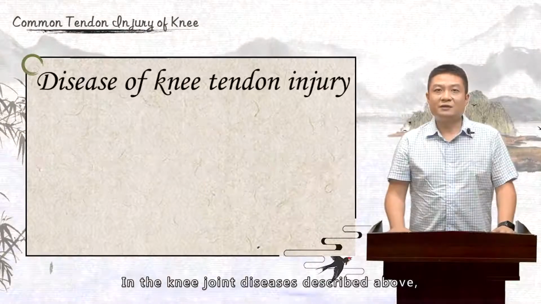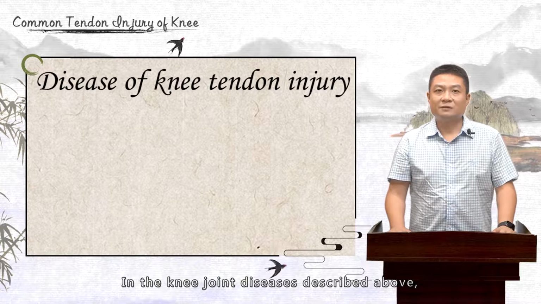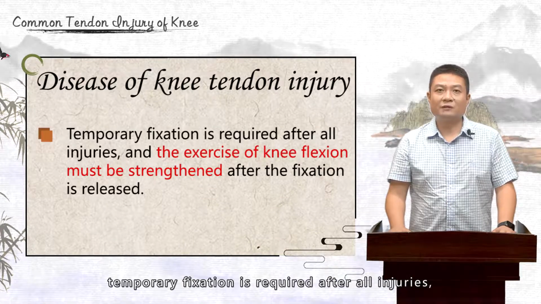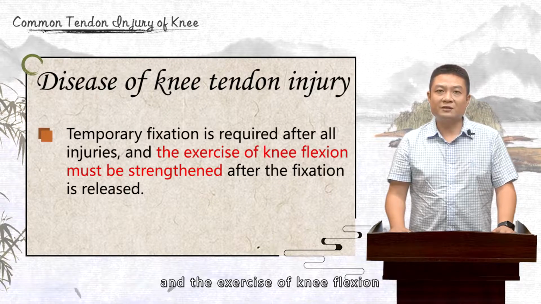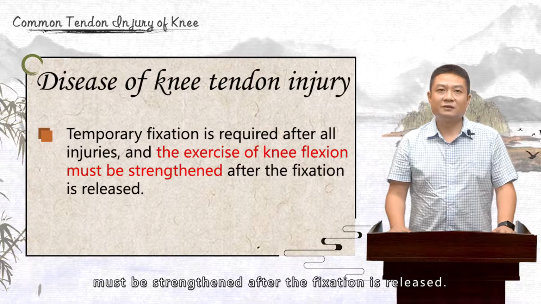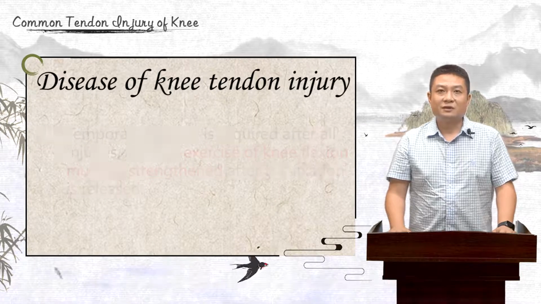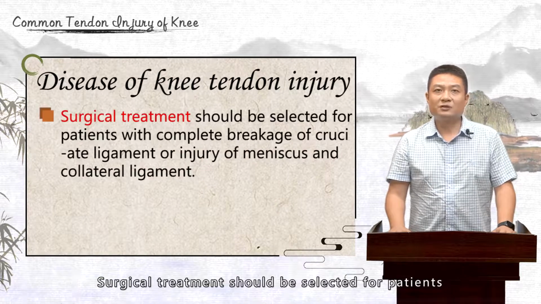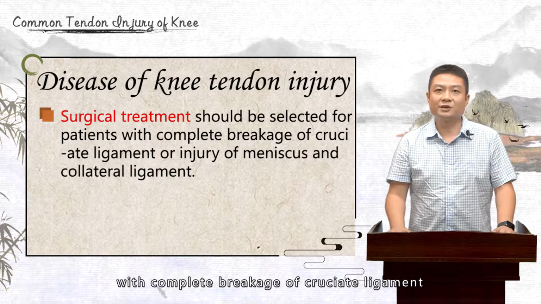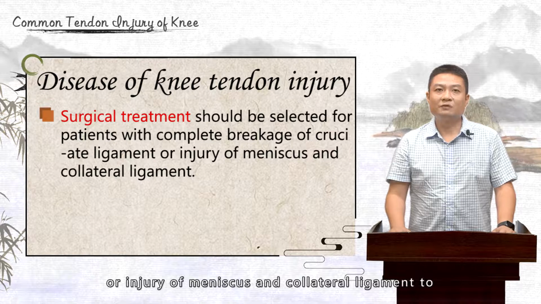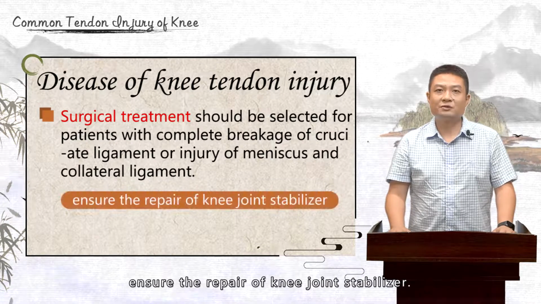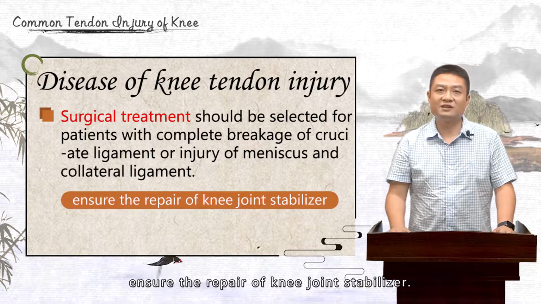In the knee joint diseases described above, temporary fixation is required after all injuries, and exercise of the knee must be strengthened after the fixation is released. Surgical treatment should be selected for patients with complete breakage of the cruciate ligament or injury of the meniscus and collateral ligament to ensure the repair of knee joint stability.